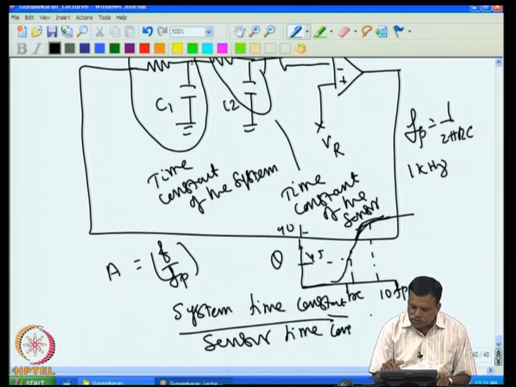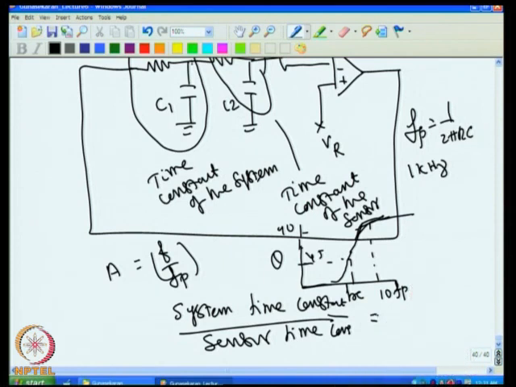Sorry, it should be the other way around: the gain should be smaller compared to this time constant ratio. For example, if the system time constant is 100 seconds and the sensor time constant is 1 second, then the gain should be less than 100, and then the system will not oscillate.